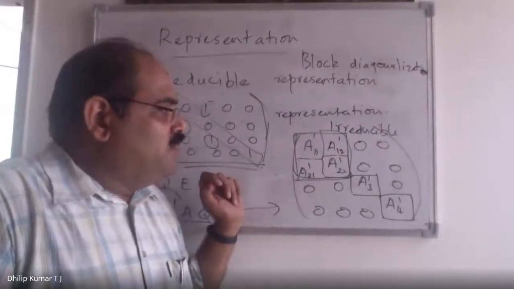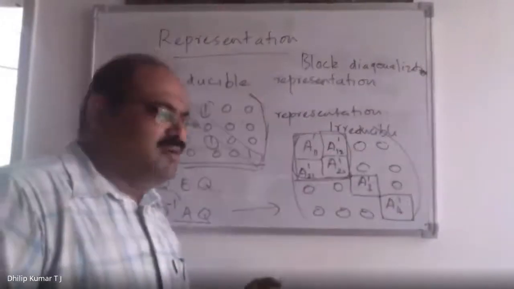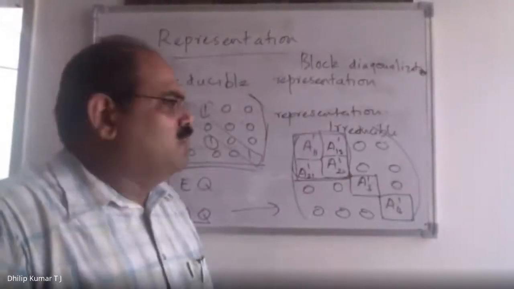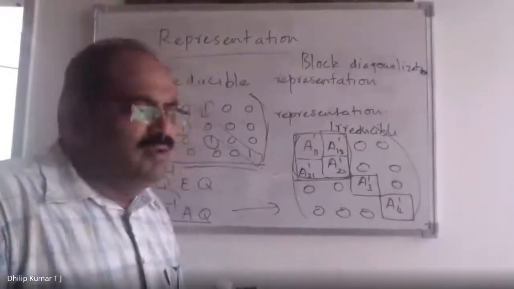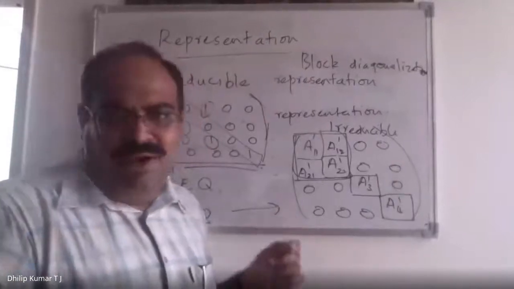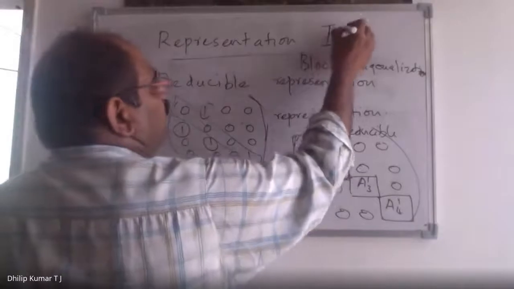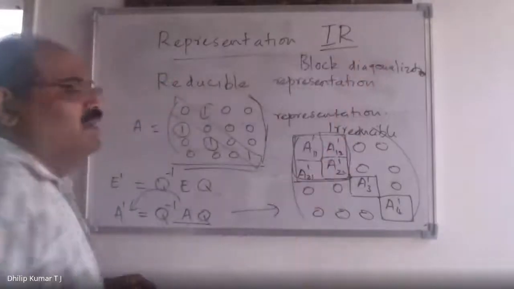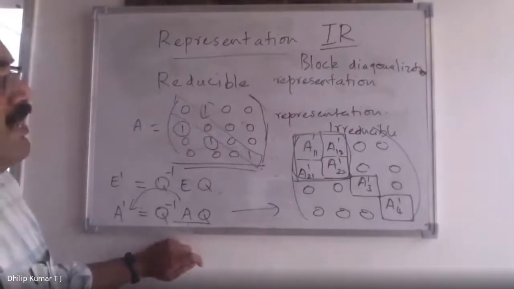Similarly, if you have a 3 by 3 matrix which you cannot bring down to a smaller size, either 2 dimensions or 1 dimension, then the 3 by 3 matrix is called a 3-dimensional IR. IR means irreducible representation. It's not infrared, but an irreducible representation of a certain dimension.